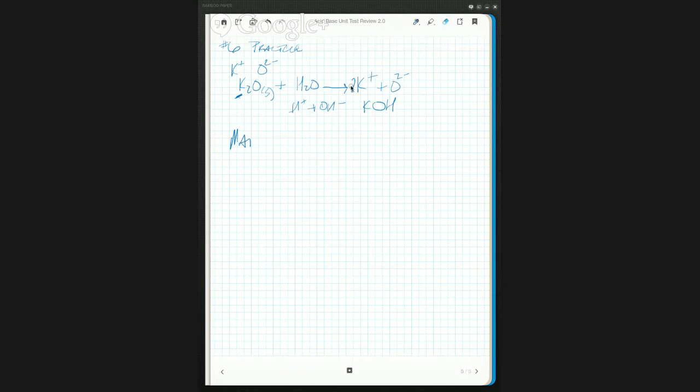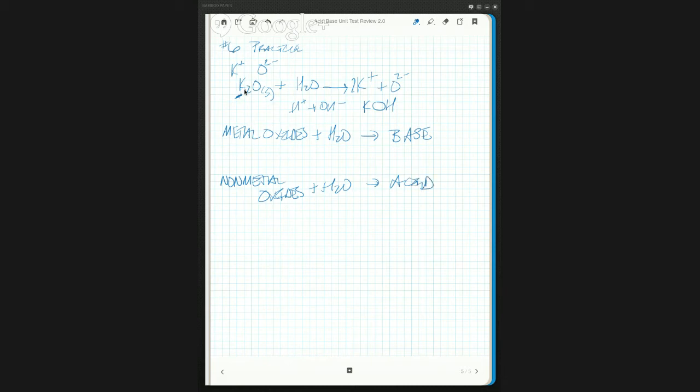So metal oxides plus water give you a base, okay? If you do a non-metal oxide plus water, you're going to get an acid.